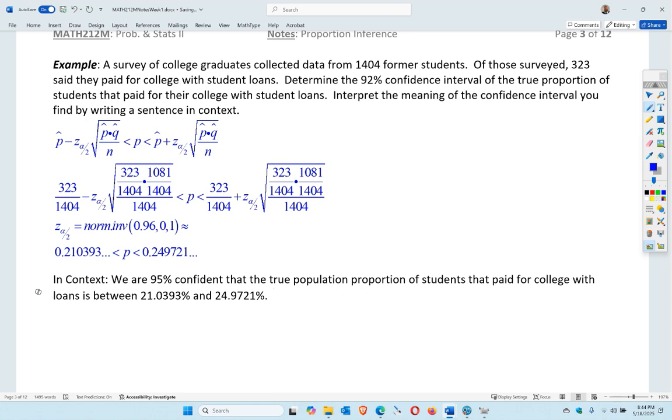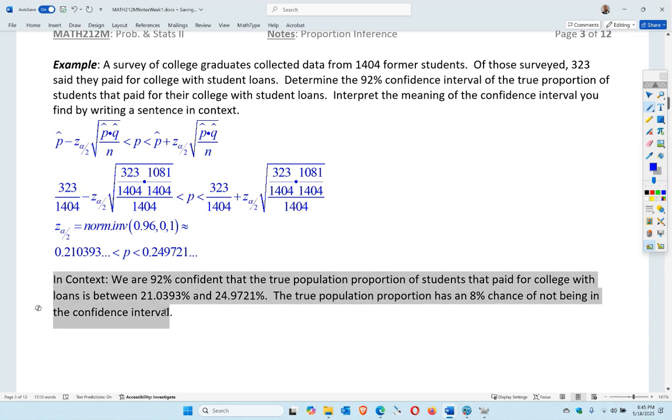Oh, no, I'm sorry, not 95, 92%. I'm sorry, 92, right? So we're 92% confident, which means the true population proportion has an 8% chance of not being in the confidence interval, right?